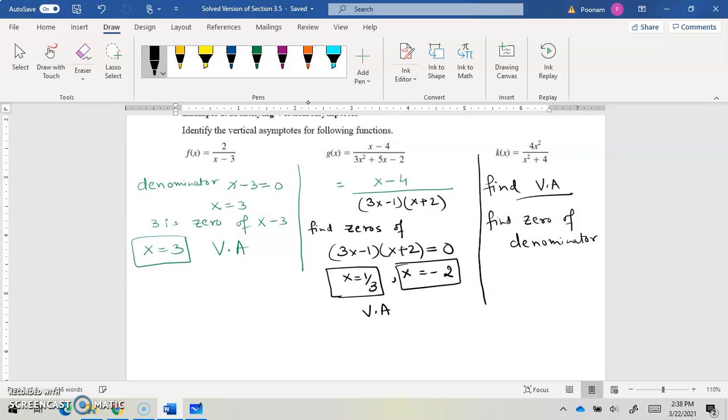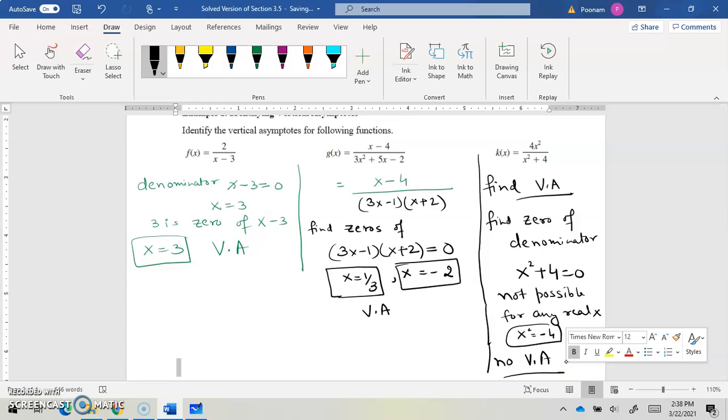In this case, it is x squared plus 4. x squared plus 4 equal to 0 is not possible for any real x. Why? Because this will give you x squared equals negative 4, which is not possible, right? So there is no vertical asymptote for this particular example.